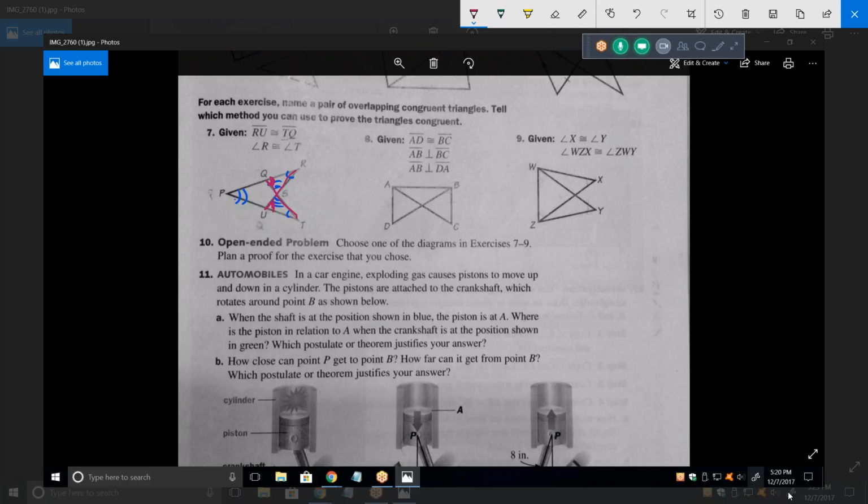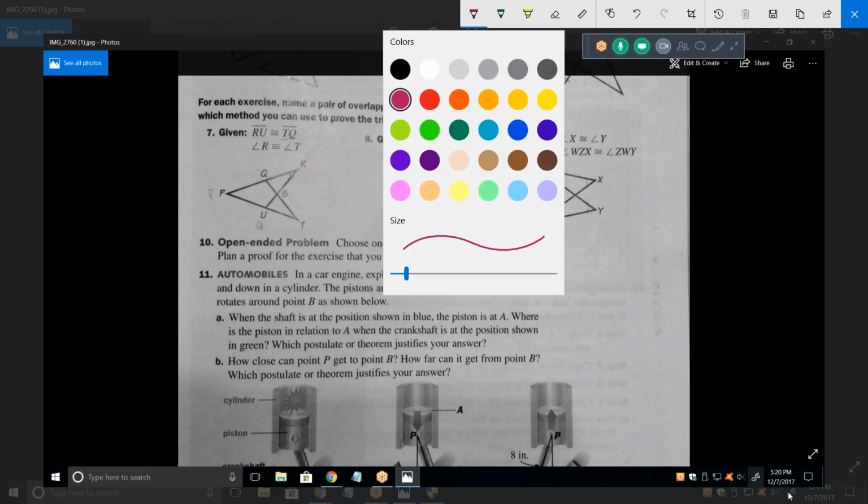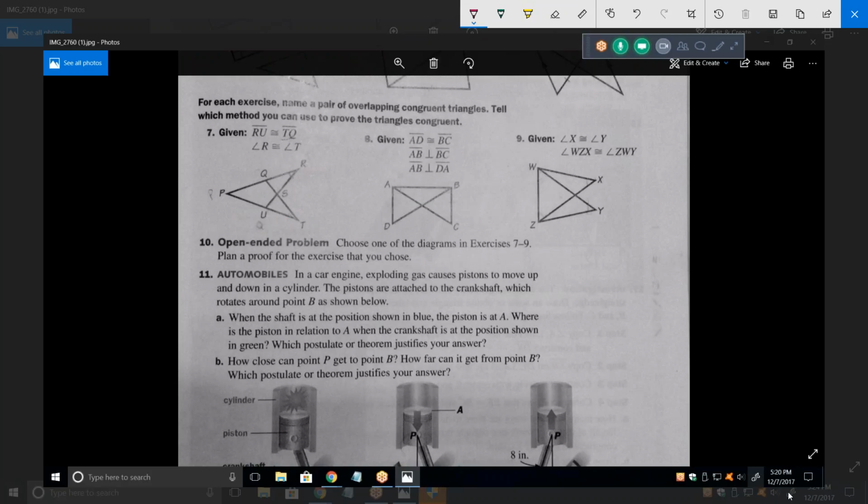I'm not sure that helps us, but let me look at this without all the stuff on it. It's a very common problem. I just can't remember exactly how to do it.